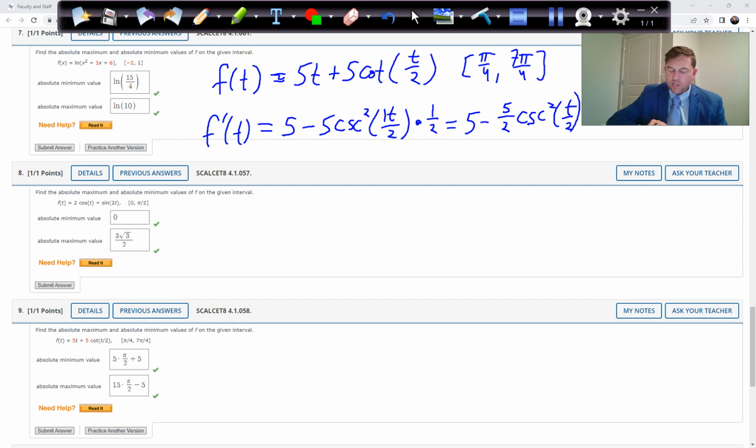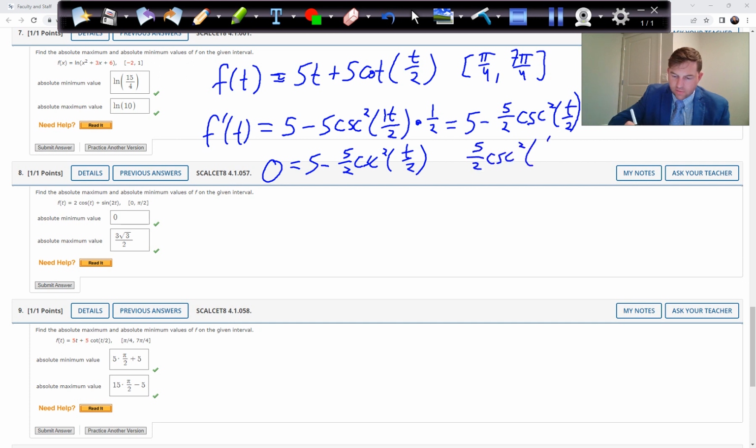And we're setting that equal to 0, so we get 0 equals 5 minus 5/2 cosecant squared of t over 2. We can move one term to one side, so we'll get 5/2 cosecant squared of t over 2 equals 5.